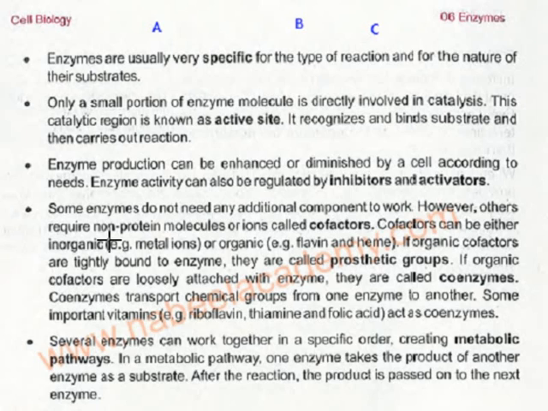They will not be a part of the protein structure, but they can be organic and they can be inorganic. These are the cofactors, and the cofactors have two types, inorganic and organic. The example of the inorganic are the metal ions.